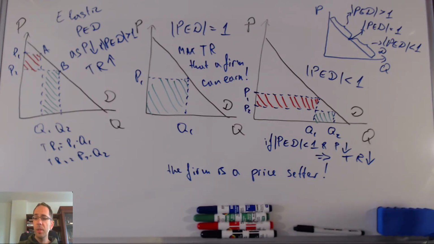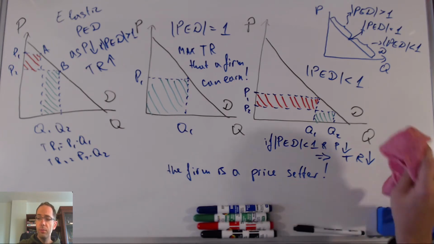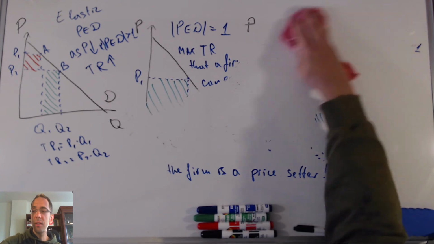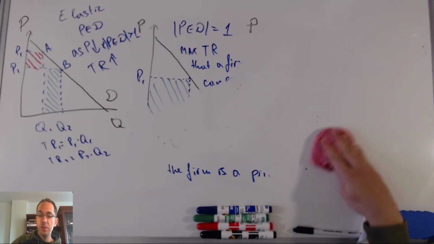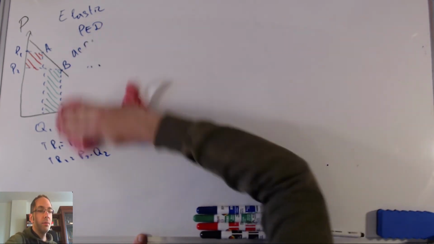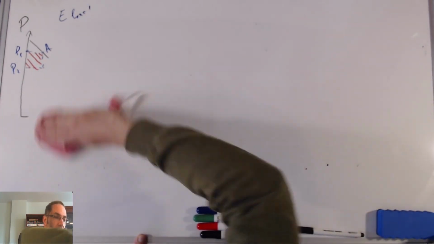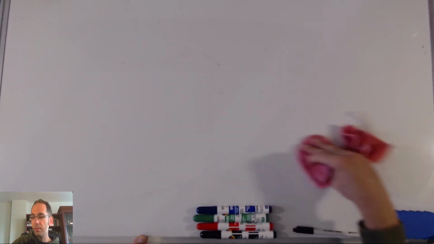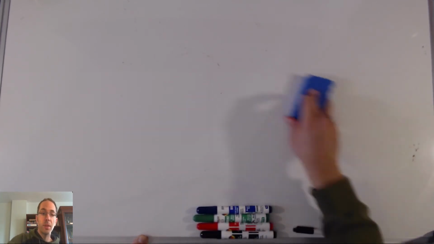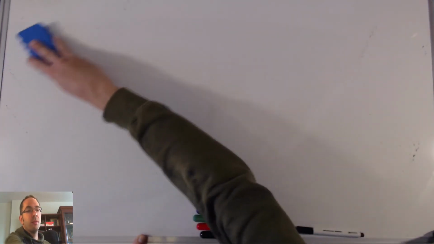One last diagram that we can show would be the relation between price elasticity of demand and total revenue in just a single diagram. Usually students get baffled when they see this. But it's not really that complicated.